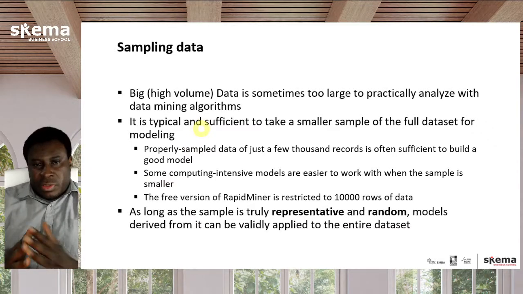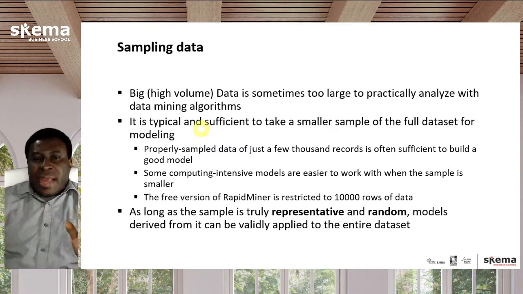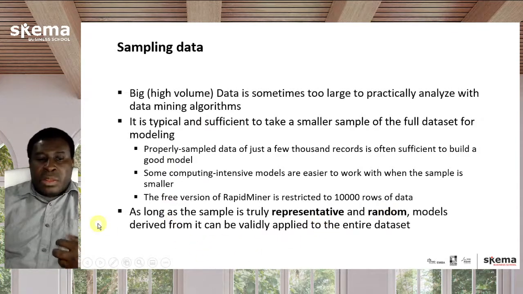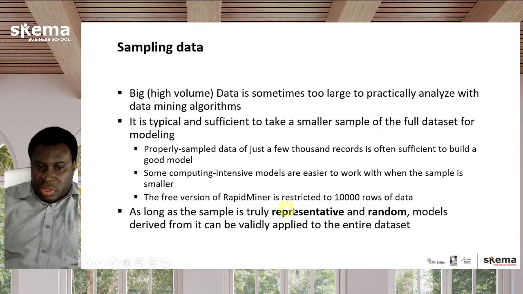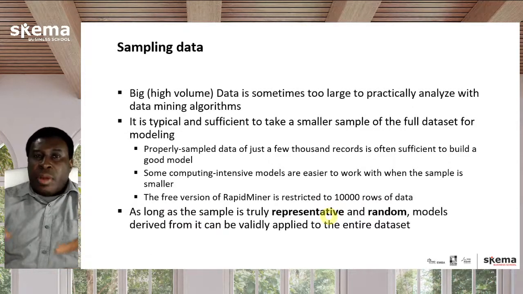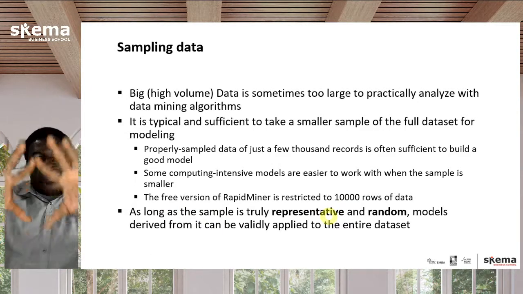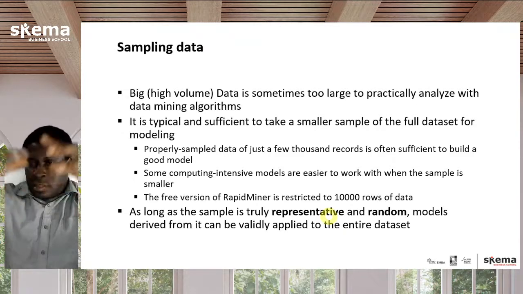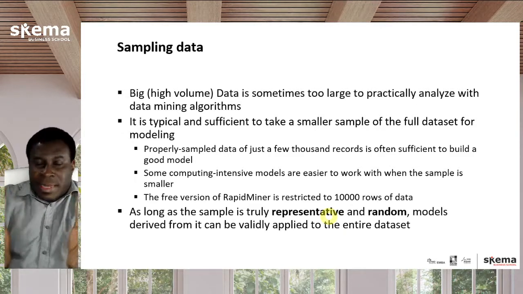The good news is that as long as your sample is truly representative and random, then the models derived from your sample can reflect the entire data set. But it needs to meet these two conditions. Representative means that every major aspect of the full data set, let's say the 100 million rows, is represented in your 10,000 rows.